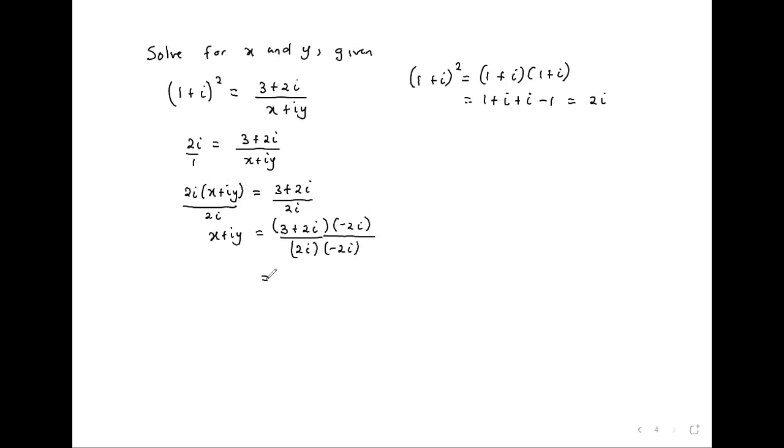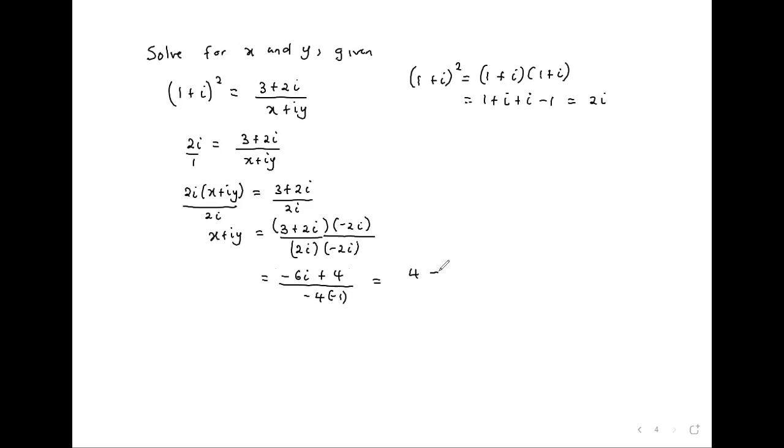You have 3 times negative 2i, that is negative 6i. i times i gives negative 1, negative 1 times negative 4 gives positive 4 over negative 4i squared, which is negative 1.